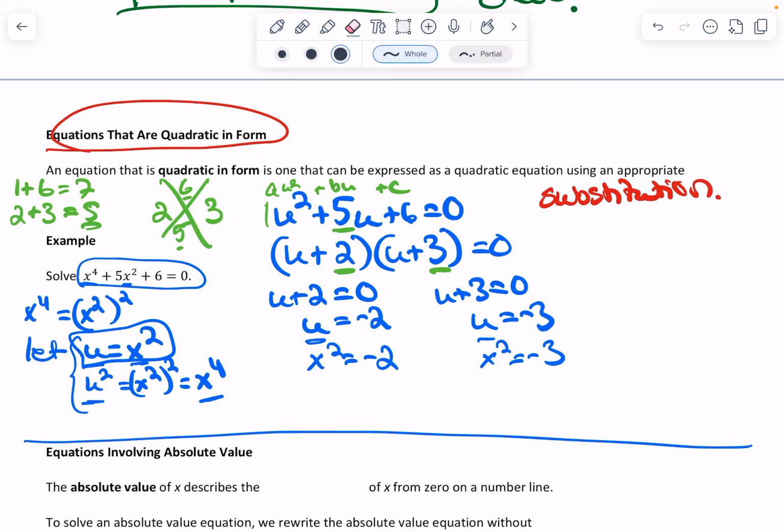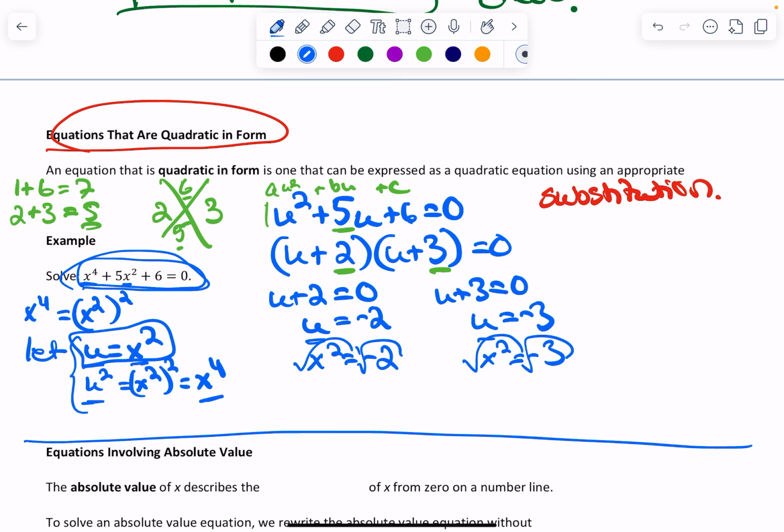Not in the calculations, there's actually a mistake in the original problem. So we're going to take the square roots like we do. We need to remember the plus minus. So we get x equals positive and negative square root of negative 2. And remember that the negative inside the square root is i. Same thing here.